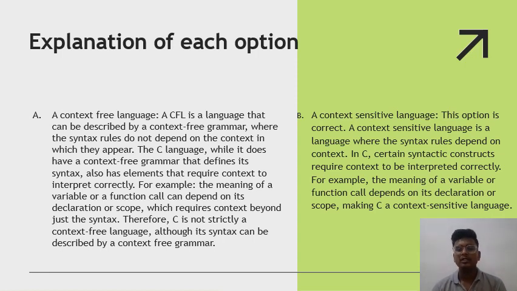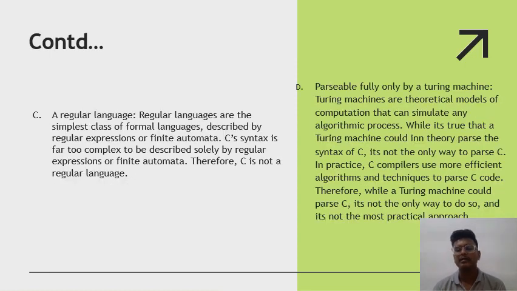So the second option is a context sensitive language. This option is correct. A context sensitive language is a language where the syntax rules depend on the context. In C, certain syntactic constructs require context to be interpreted correctly.